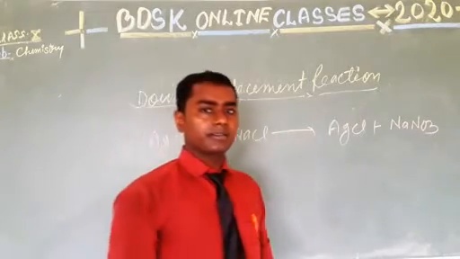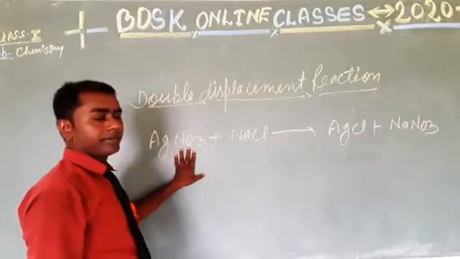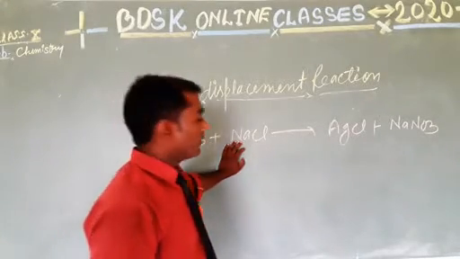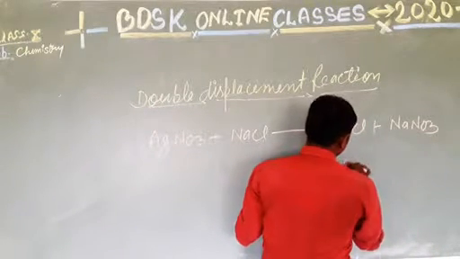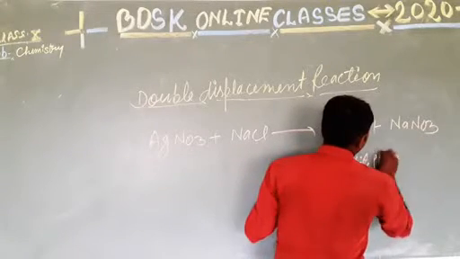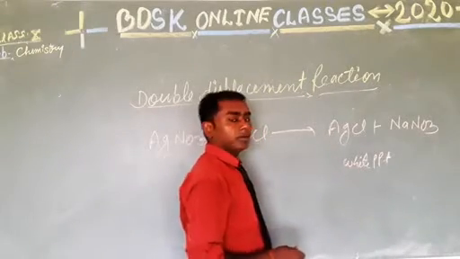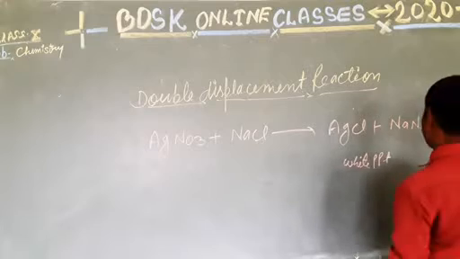You can see here, this silver nitrate reacts with sodium chloride, forming a white precipitate of silver chloride, along with sodium nitrate.